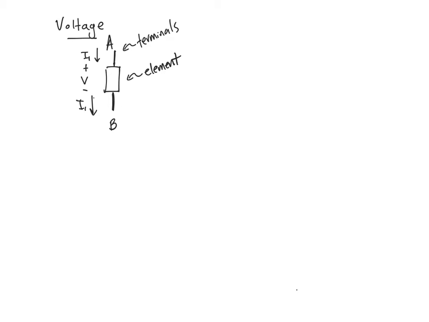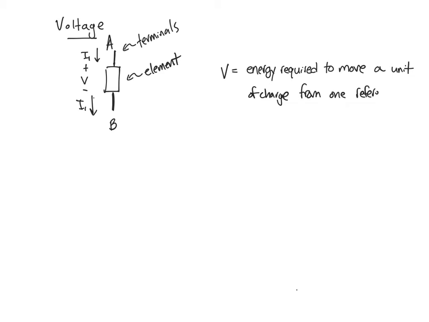Okay, so voltage specifically can be defined as the energy required to move a unit of charge from one reference point, in this case we'll say B, since that's what we're calling the negative terminal, because charge again is going to move from the negative to a positive.